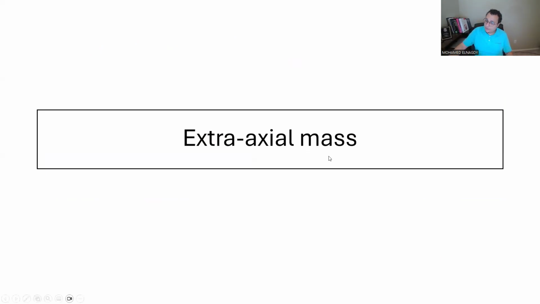Okay, that's it. So we are done with the non-neoplastic part of the neuropath. So remember, non-neoplastic neuropath is either vascular lesions like AV malformation and hemangioblastomas, or infections.